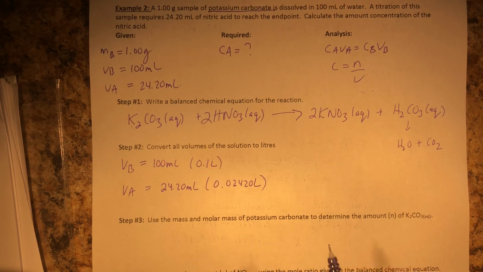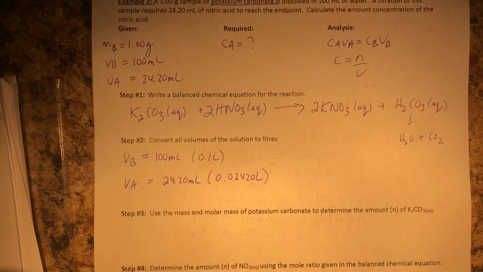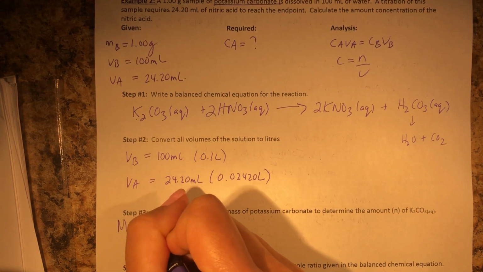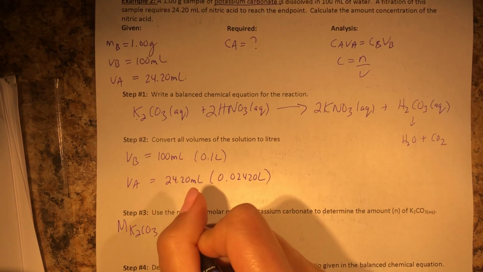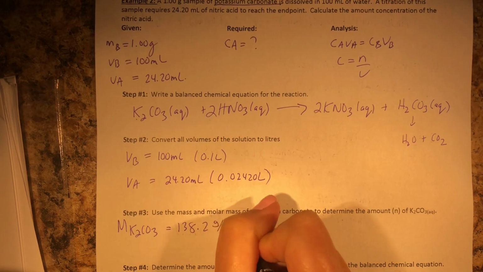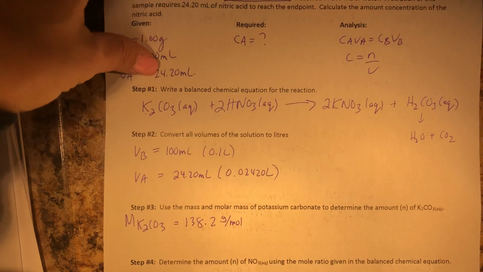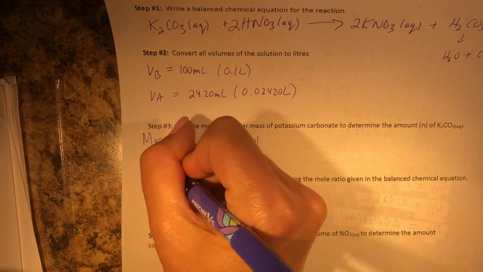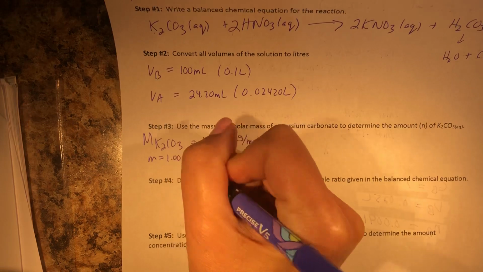Of course I need to do that because I don't have it yet. So I need my molar mass of potassium carbonate, and I have that at 138.2 grams per mole. You would have to use your periodic table to find that. And the mass is 1 gram, 1.00 grams specifically.